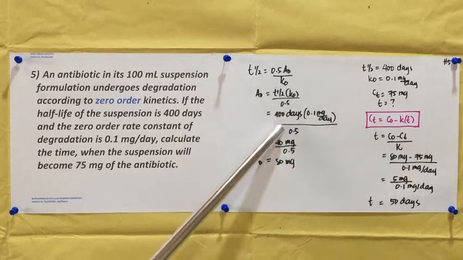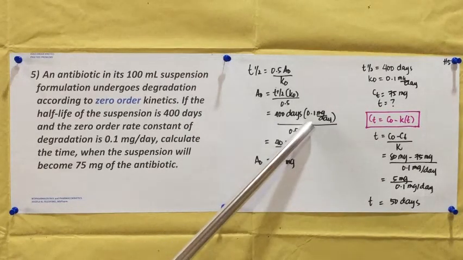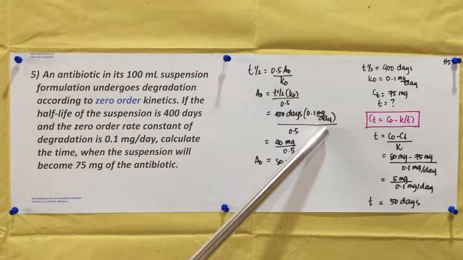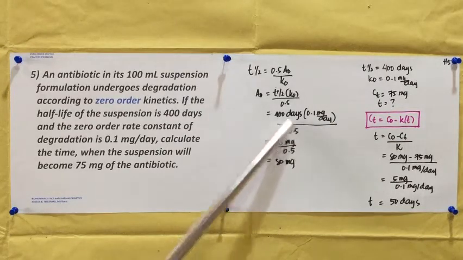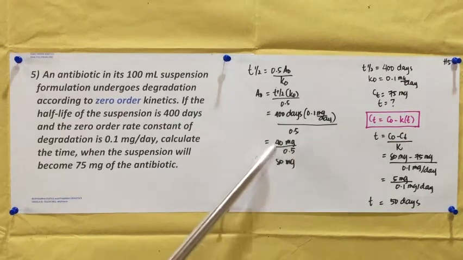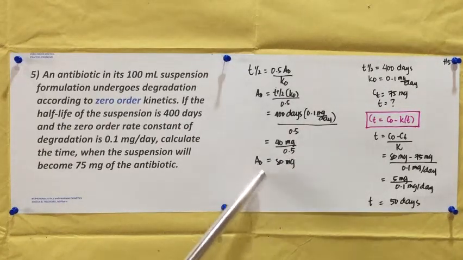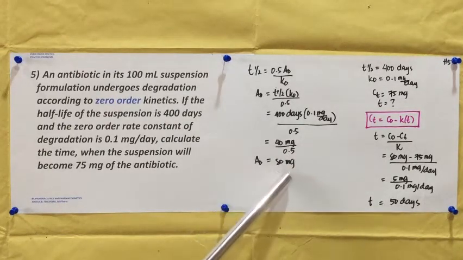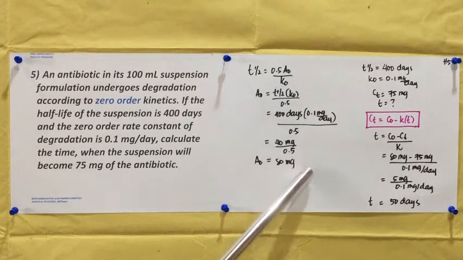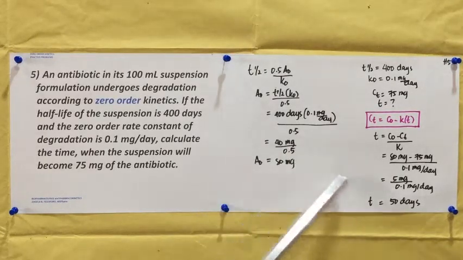So, half-life is 400 days times the KO, which is 0.1 milligram per day, divided by 0.5. 400 times 0.1 is 40 milligram, divided by 0.5. So the initial concentration is 80 milligram. So we will substitute this 80 milligram to this.